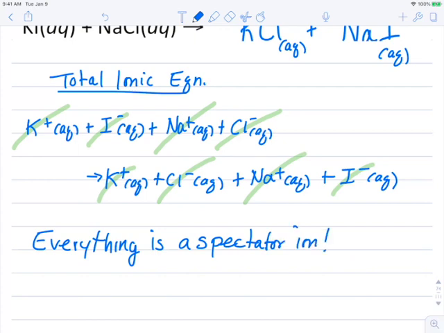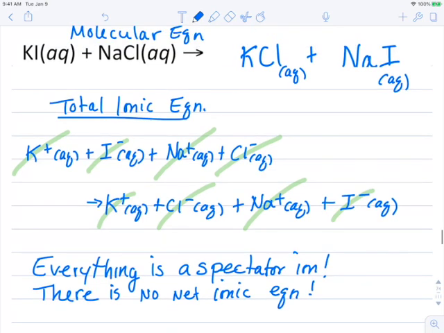So in other words, there is no net ionic equation. And because we are mean, cruel people, sometimes on tests, when we ask you to write your net ionic equations, we might throw one like this in there, also because we want to make sure you're checking that this reaction actually occurs.